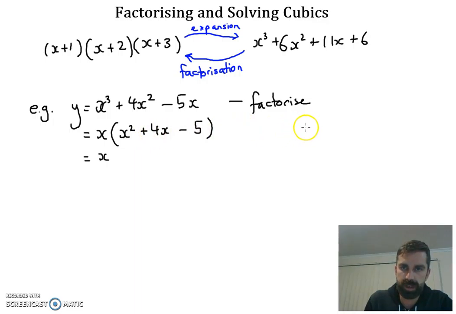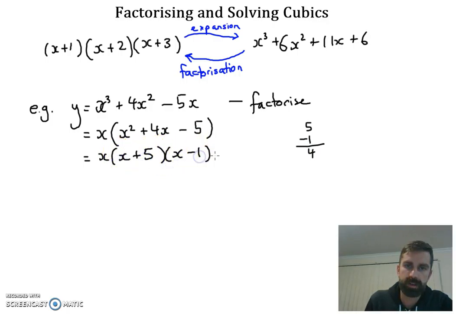Well, I would say that a good guess is 5 and -1 because they add together to give us 4. So I'm going to write x plus 5 times x take 1. And there we go. That's in factorized form. So this process is one that you can use when you've got an x in every single term of the equation. Okay, I'm going to do another example.